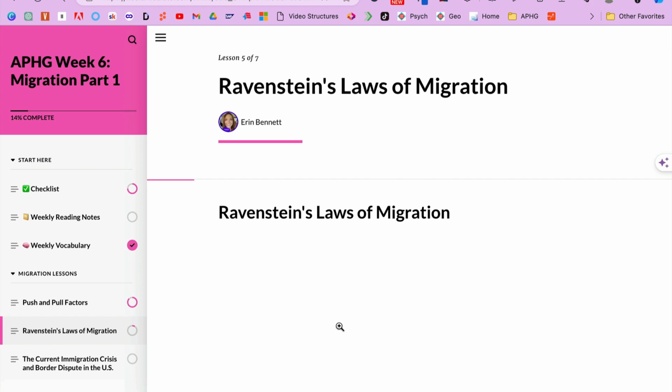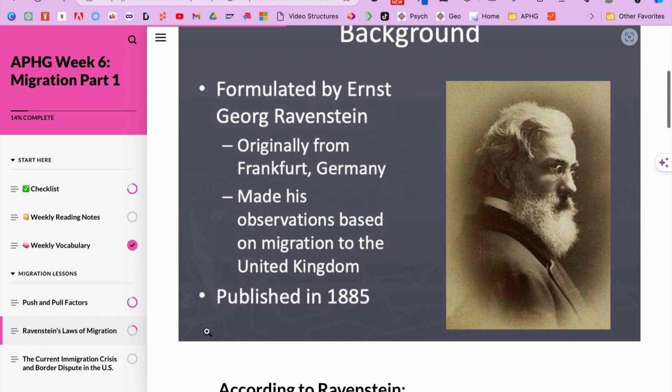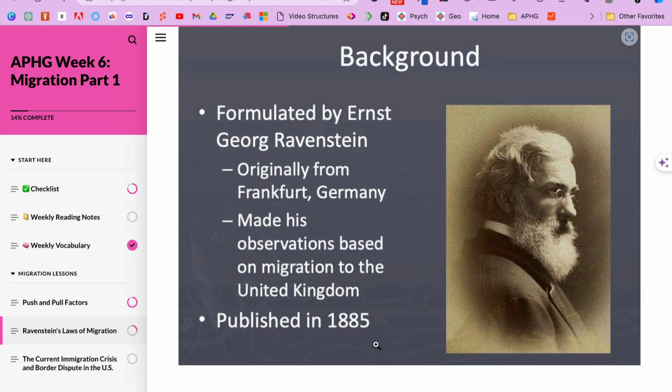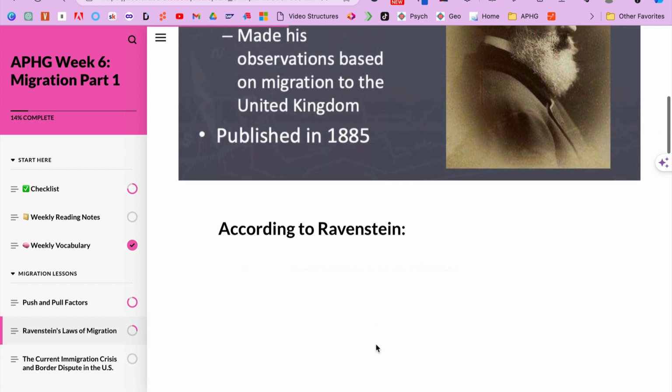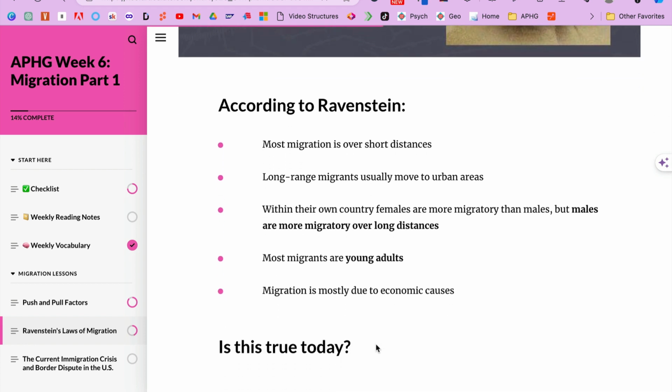So what is Ravenstein's laws of migration? You have to keep in mind that this geographer created these laws in 1885. And as I said before, that's the problem with a lot of AP Human Geography models, is that they're a little bit outdated. But he said most migration is over short distance.